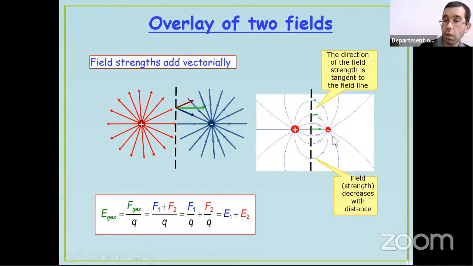Here we have a positive charge, here we have a negative charge. As you see, the further we go from the pair of charges, the weaker the electric field. And here in the center, the direction of the field strength is perpendicular to the line separating the two charges.